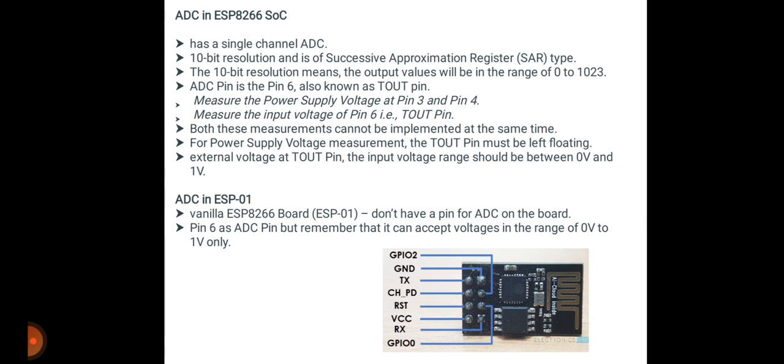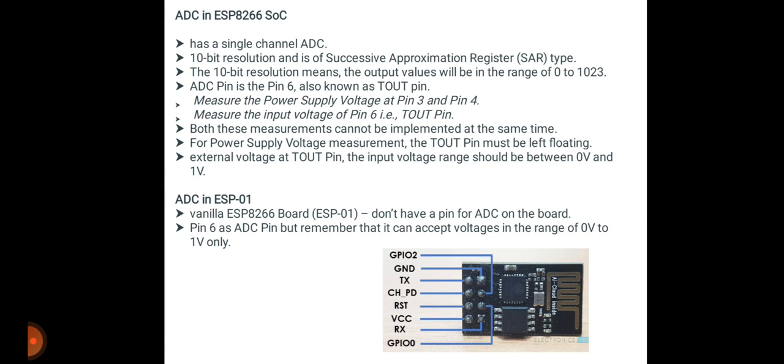For the power supply voltage measurement, the TOUT pin must be left floating. When measuring external voltage at the TOUT pin, the input voltage range should be between 0 and 1 volt.